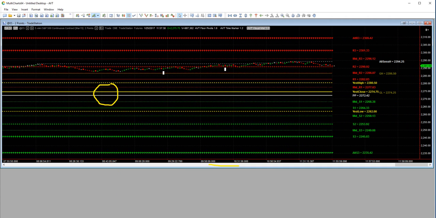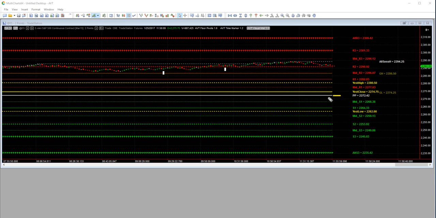Now these other numbers are all calculated based on a combination of yesterday's high, low, and close. The first of those is the pivot point. The pivot point is right here. It's always going to be the solid white line, and it's simply the average of yesterday's high, low, and close. If you look at that visually, you can see it looks like the average of these three numbers.